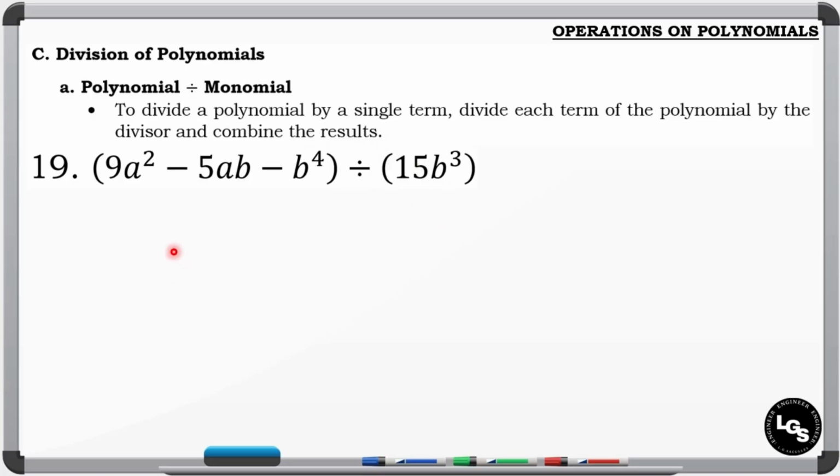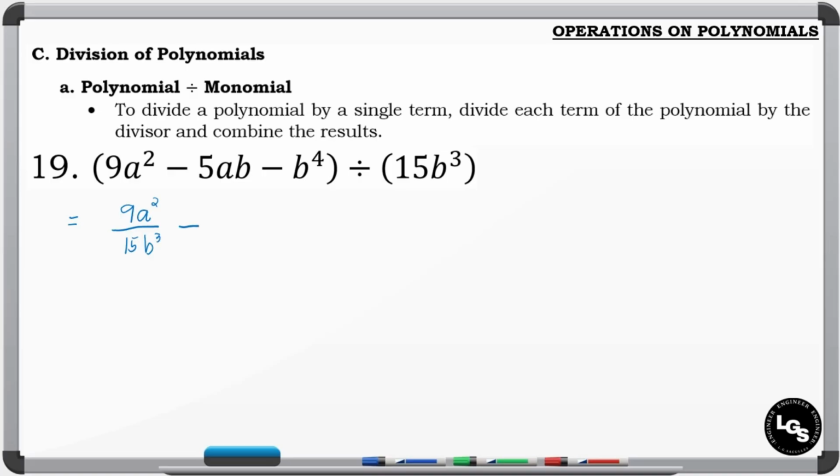So what we are going to do is rewrite this problem by separating each term and dividing each term of the polynomial by the divisor, which is the monomial. So 9a squared divided by 15b cubed.